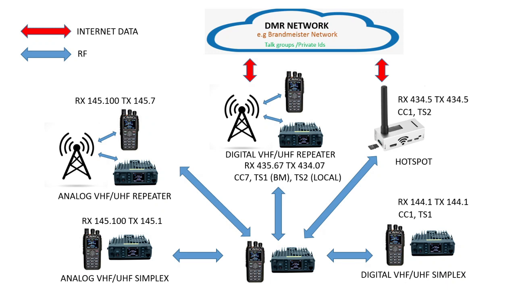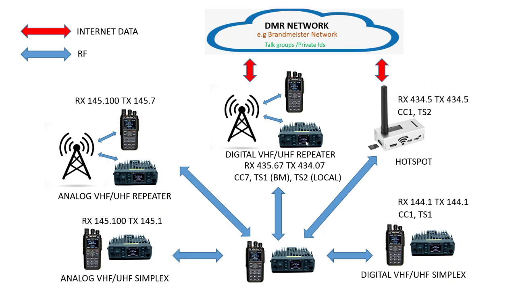For example, we do not have a digital repeater in my city, and so I'm using an MMDVM along with a Raspberry Pi Zero W hotspot for my communication to the different DMR networks. So if I want to get on to certain talk groups on certain DMR networks, I go through the hotspot.